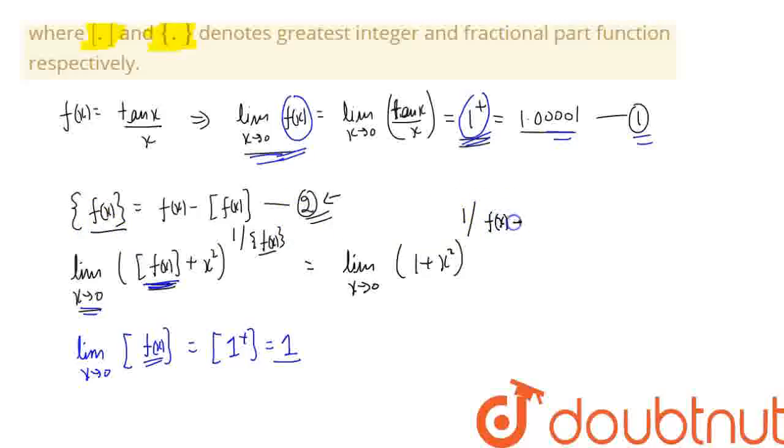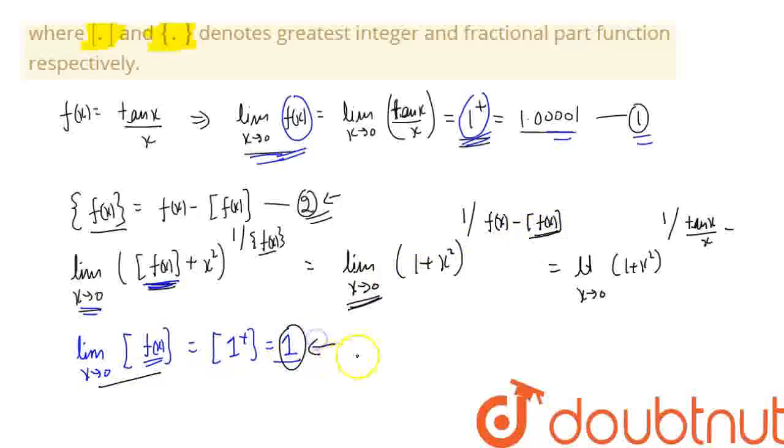So instead of f of x we have tan x by x, which is given in the question, minus the GIF of f of x. We know that the limit as x tends to 0 of this GIF of f of x would tend to 1 as we have calculated here. So instead of the GIF of f of x limit we are going to put 1, because this value equals 1 as we calculated.